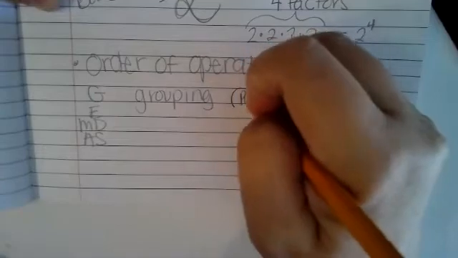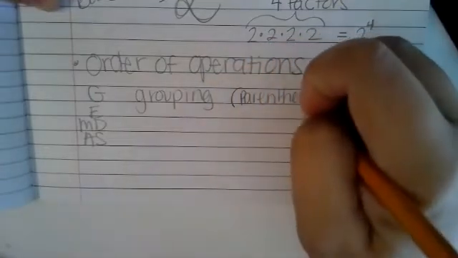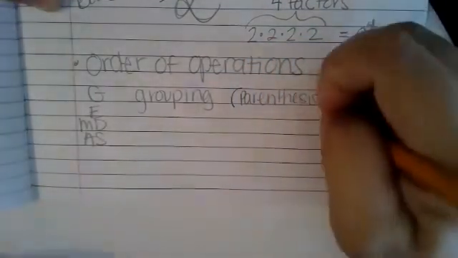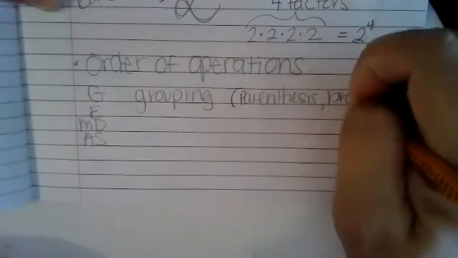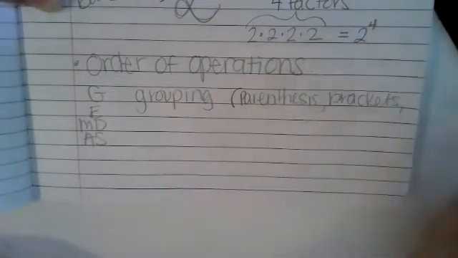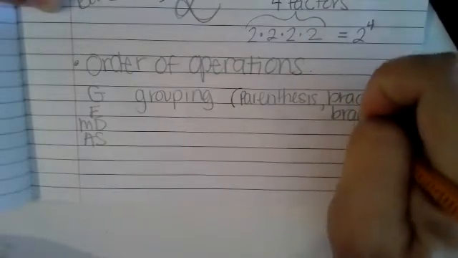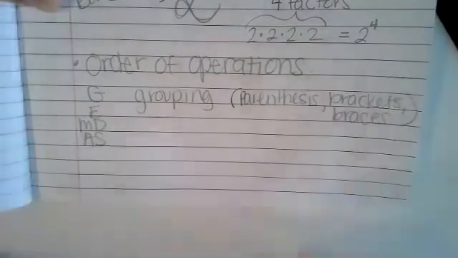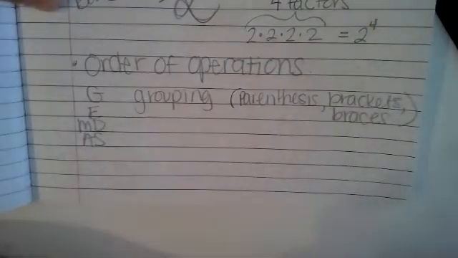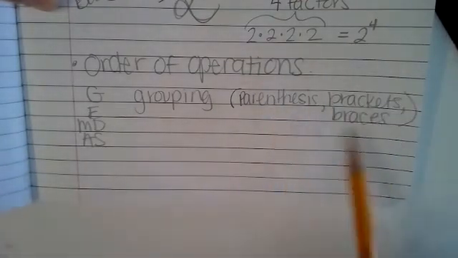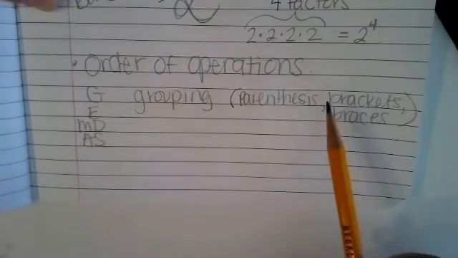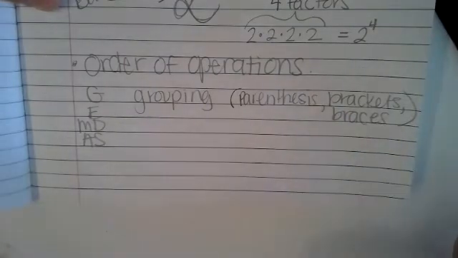We have parentheses, that's the main one we normally think of. We could have brackets, and we could also have braces. Braces are the squiggly brackets. Any of these represent grouping symbols, and when I have a grouping symbol, that's where I'm going to start.